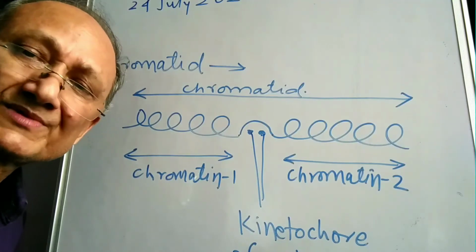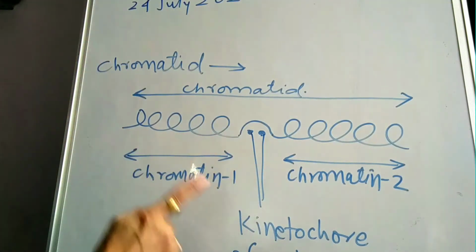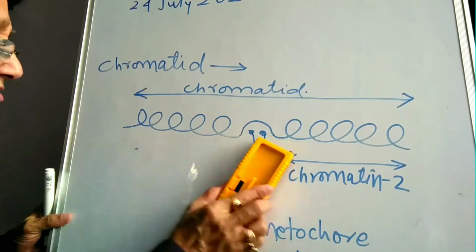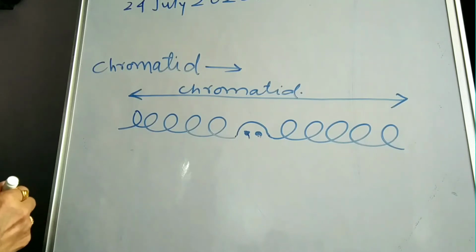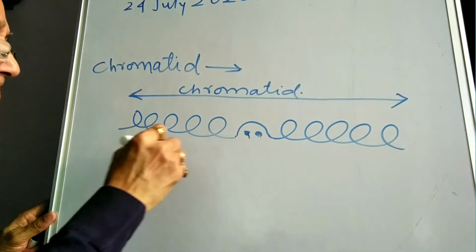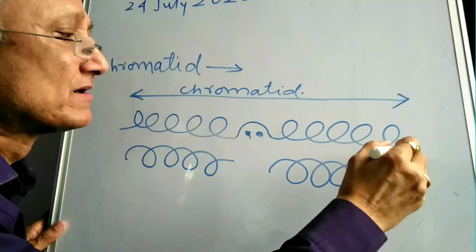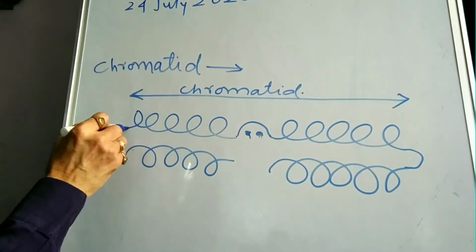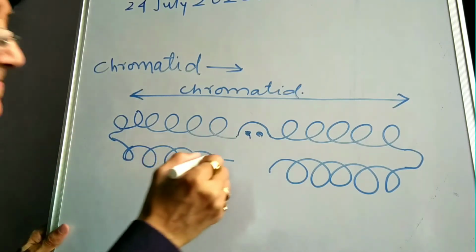So a chromosome is produced from the condensation of two chromatids like this, chromatid 1, chromatid 2. So you will have to draw another structure, and packaging takes place from this side. Yes.